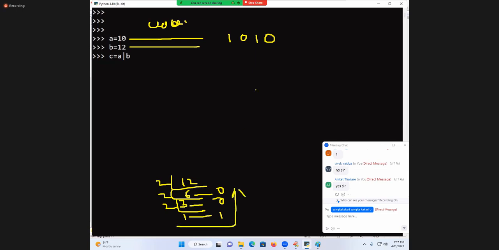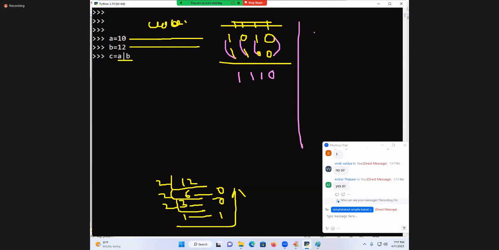What is the OR operator says? 0, 0 gives 0. 1, 0 gives 1. 0, 1 gives 1. 1, 1 gives 1. So the result is 1, 1, 1, 0. 2 to the power of 0, 2 to the power of 1, 2 square, 2 cube.